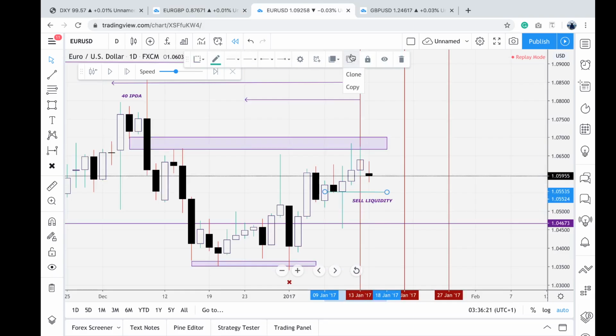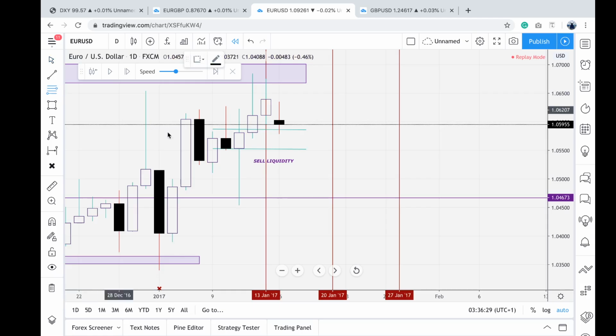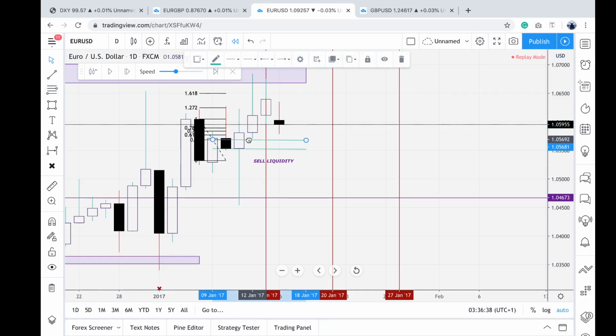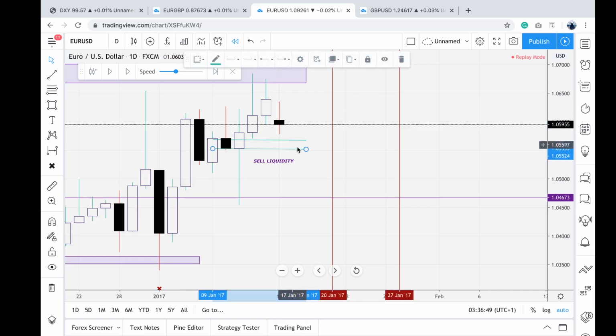So let's clone this. It's also a bullish order block. Let me do this. That is the mean threshold of this bearish order block, and this is the sell side liquidity of that bearish order block.